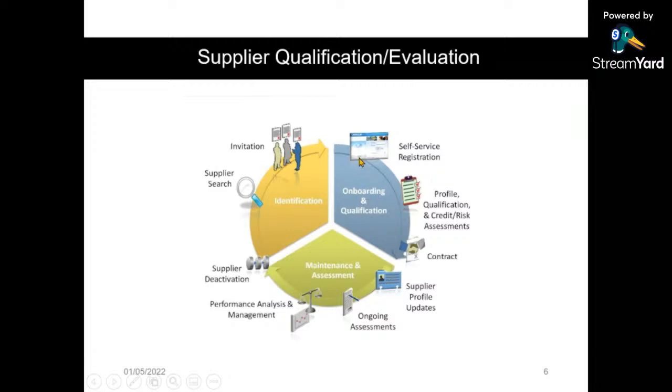The supplier will register themselves in a self-service registration, and their profile qualification and credit risk assessment will happen. Once that is done, the contract will be created against the supplier, and the supplier profile will be registered in the business.